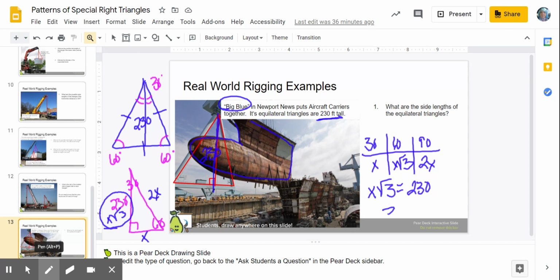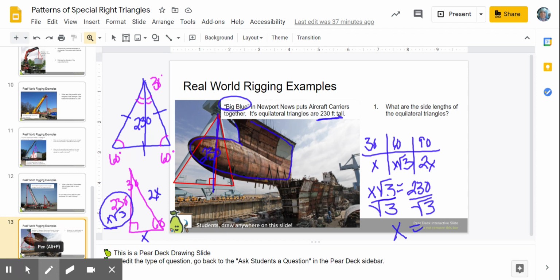If I gave you 3x equals 230, how would you solve that equation? So we're going to divide by that square root of 3. Absolutely. So we come over here, get rid of that square root of 3 by dividing.